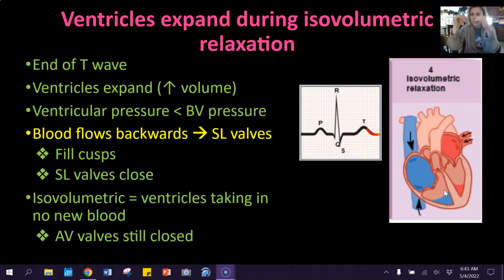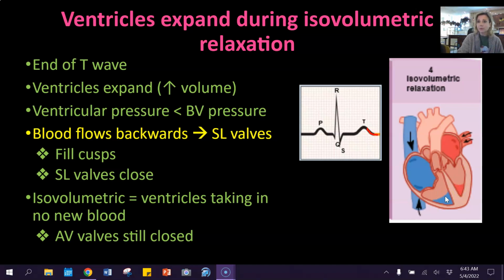The blood in the aorta comes back down, forces the valve closed, the blood pools in those cups, and it drains into the right and left coronary arteries, and then it's going to feed the heart muscle cells. Once again, just remember that during this phase, all of our valves are closed, so any blood that's left in here is just going to stay in there.